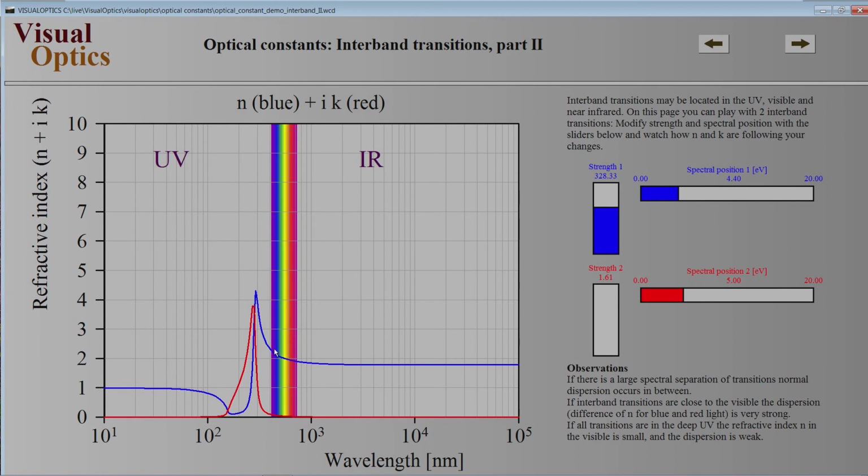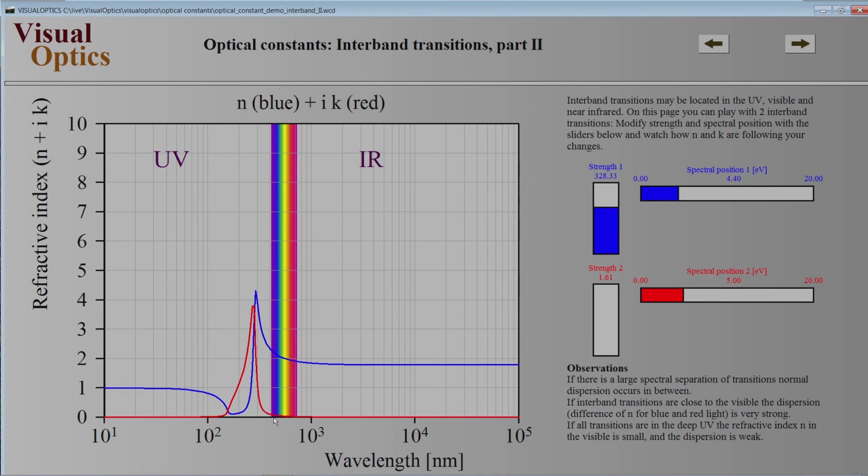And also the dispersion, that means the difference of the real part of the refractive index between the blue and the red, is bigger now. This is now a difference much higher than we had before. And in addition, if you have an interband transition very close to the visible, usually what you notice is that there is already a little bit of absorption in the blue, much stronger than in the red, where K is still almost 0.